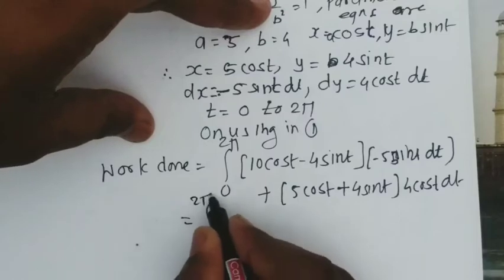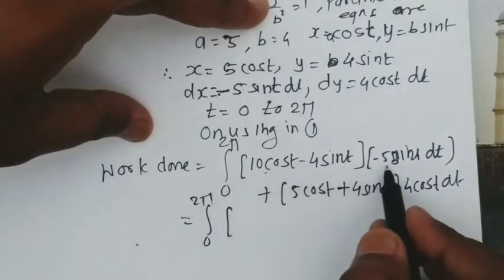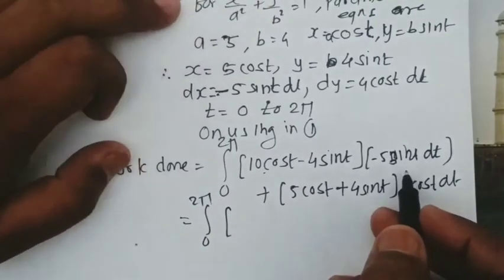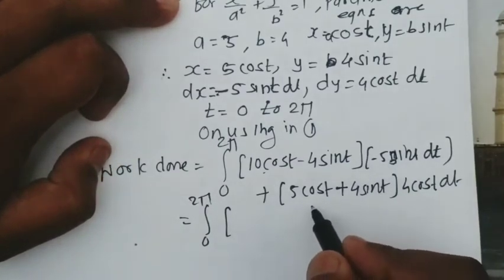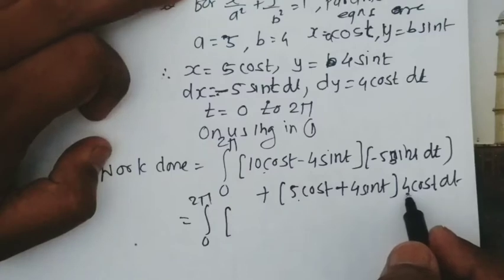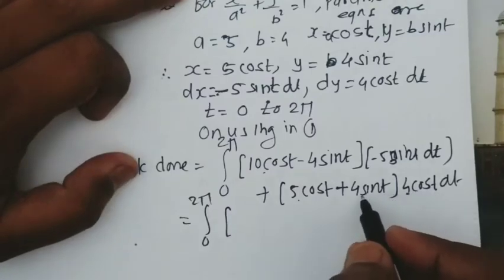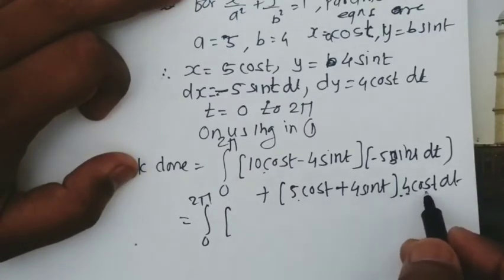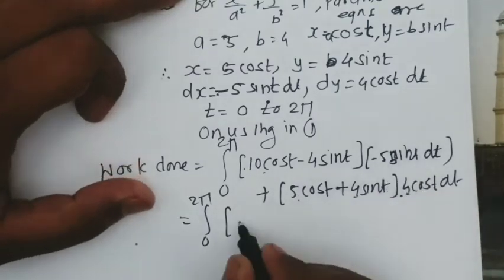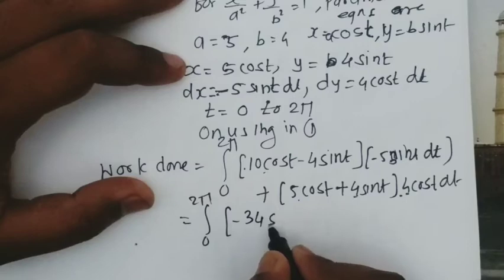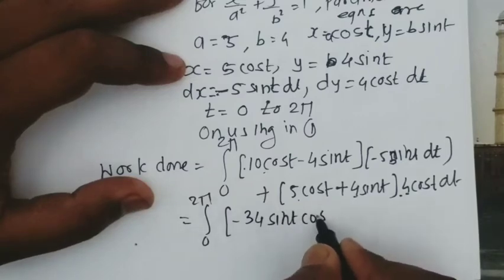0 to 2 pi, 10 cos t into minus 5 sin t, it will be minus 50 sin t cos t. Here we'll have 5 into 4, 20, 4 into 4, 16 sin t cos t. This 16 and this minus 50 will be equal to minus 34 sin t cos t.